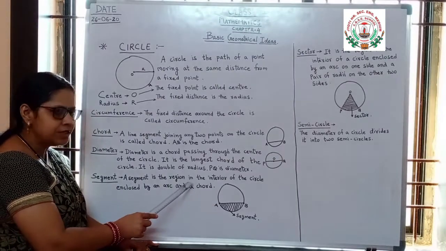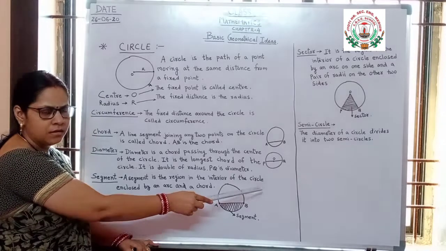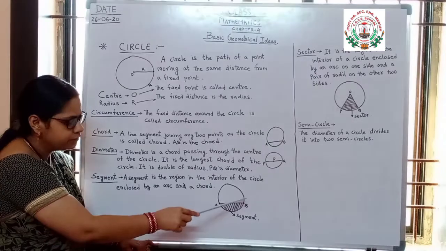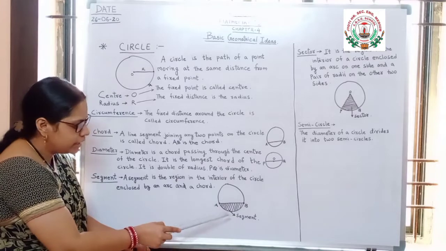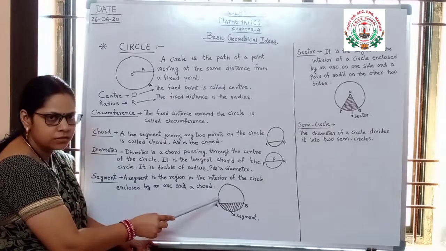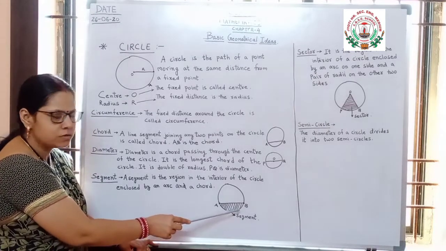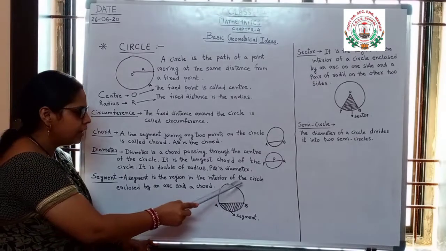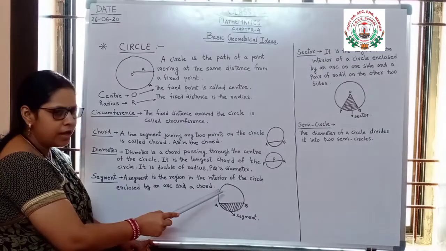A segment is a region in the interior of the circle covered by the chord and the arc of the circle. This is the arc and this is the chord. So the region covered by them is called a segment. A segment is the region in the interior of the circle enclosed by an arc and a chord.